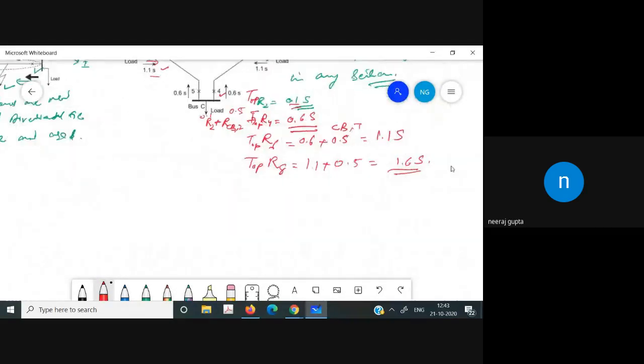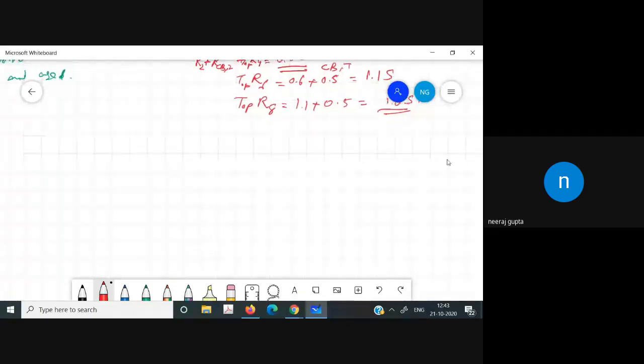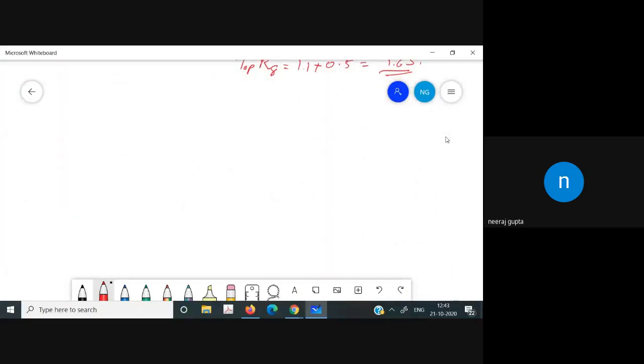Now in today's lecture, we have discussed the directional overcurrent relay, and before that we discussed the protection of a three-phase feeder.